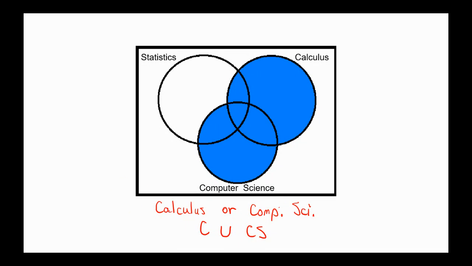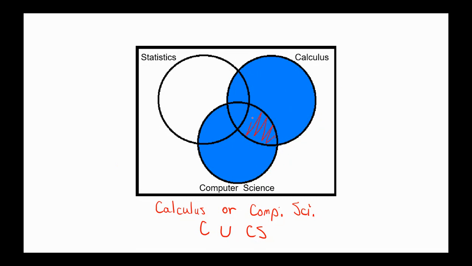Wait, so and is what? And means they have to be in, like in this case, they would have to be in both calculus and computer science. If we said that this represents calculus and computer science, they would have to be in both.